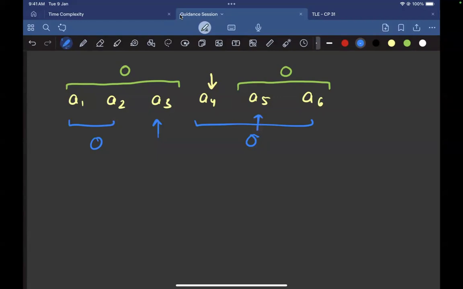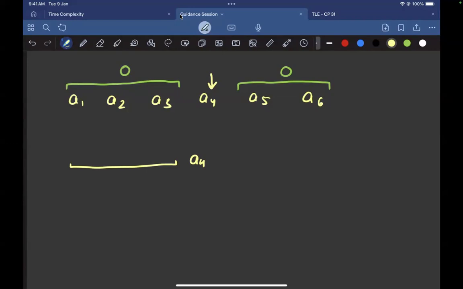Now, when I say I want to make this 0, how do I actually do that? Let's discuss this once more. Let's say A4 is some value, and I'm arguing you want to make the left side 0. How do you do this? What you can do very simply is, exactly, that's right.